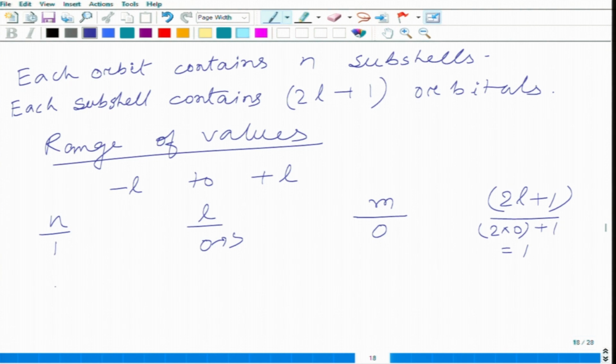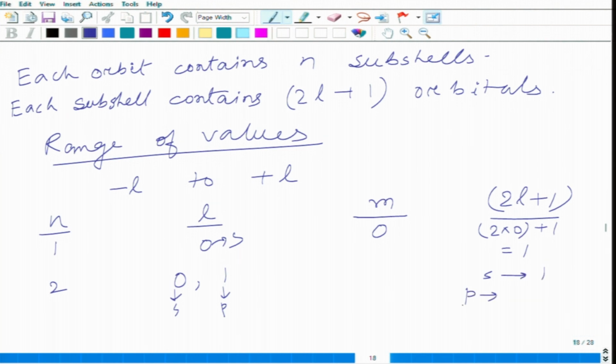Now, if n equal to 2, then the azimuthal numbers here can be 0 and 1. Now 0 means just one subshell. Okay, this is s and this is p. For the s subshell, we will have one orbital.